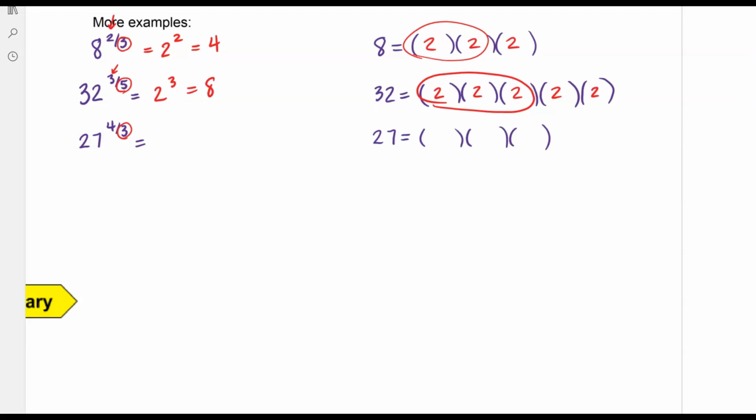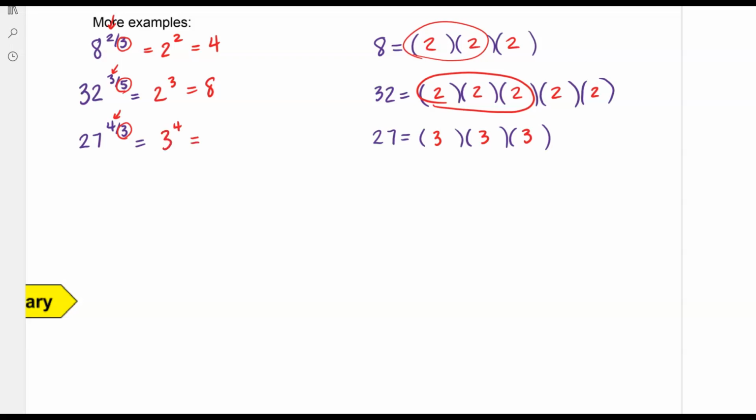I know it's not 2. Let's try 3. 3 times 3 is 9. 9 times 3 is 27. So 3 is the base that I want to use, but I want to look at the top number over here to tell me how many times I want to use that. So I want to use it 4 times.